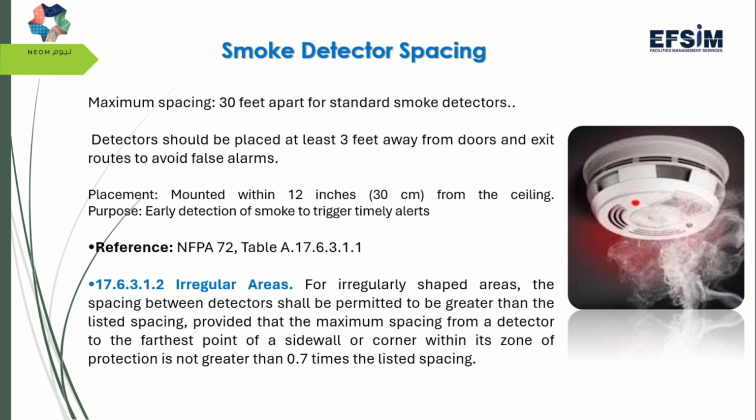For irregular shaped areas, the spacing between detectors shall be permitted to be greater than the listed spacing, provided that the maximum spacing from the detector to the furthest point of a side wall or a corner within its zone of protection is not greater than 7.5 times the listed spacing. The listed spacing means the spacing that has already been listed, okay.